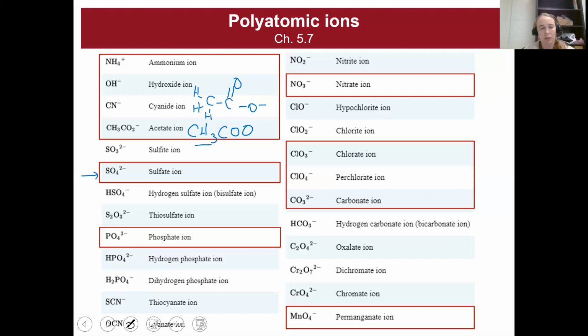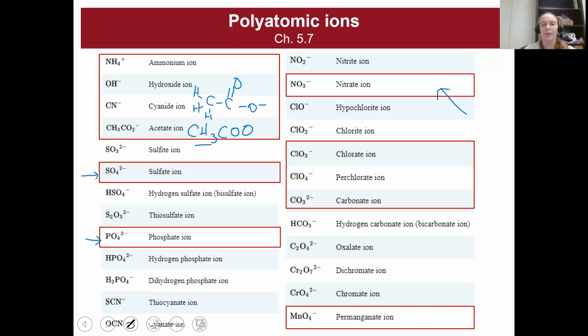All right, so there's also the sulfate ion, like copper sulfate, for example, is something composed of sulfate. There's phosphate. So one of the chemicals that I worked with extensively in my research was silver phosphate. So I am a big fan of the phosphate ion. There's also the nitrate ion. I also worked a lot with silver nitrate, so another big fan of the nitrate ion.